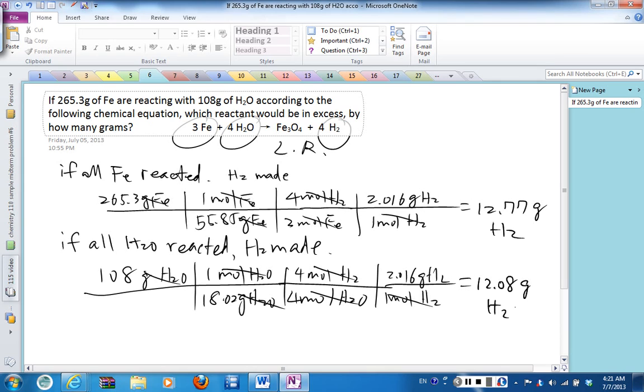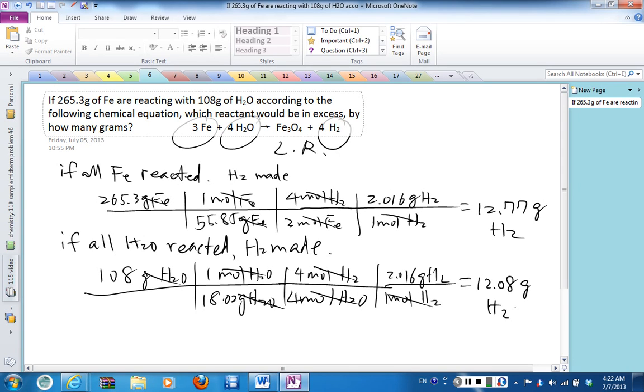Now let's see. What do these two numbers mean? The first one means if all my iron reacted, given that I have enough water, I would eventually get 12.77 grams. And the second says if all my 108 grams of water is consumed, I would end up with 12.08 grams of hydrogen. Compare the two numbers: 12.08 is smaller and is the one that makes better sense.